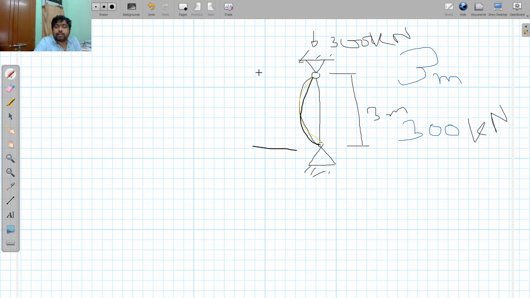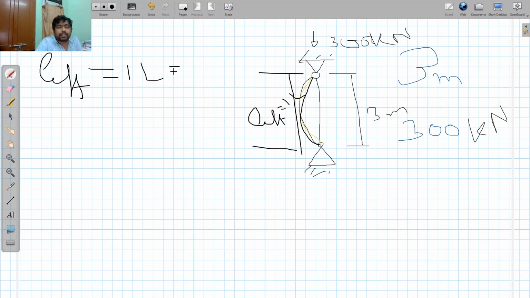Tell me. Effective length L effective is nothing but 1L, that is the same as the length of the column, right?